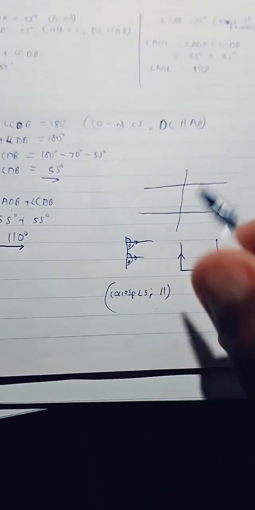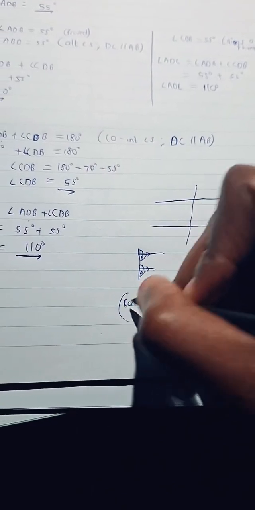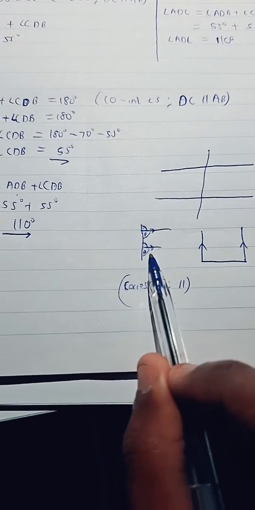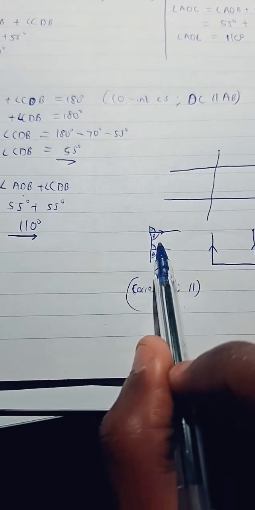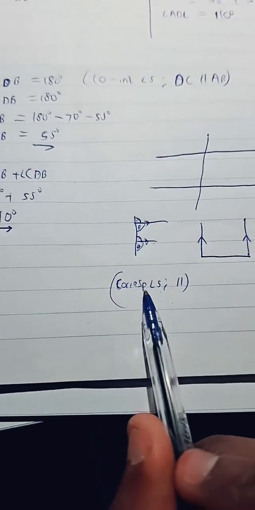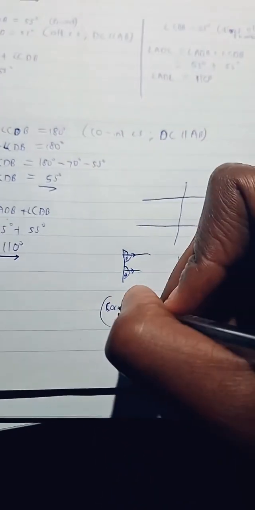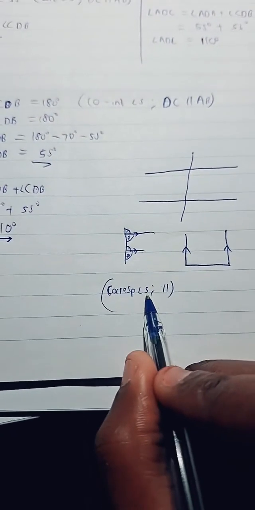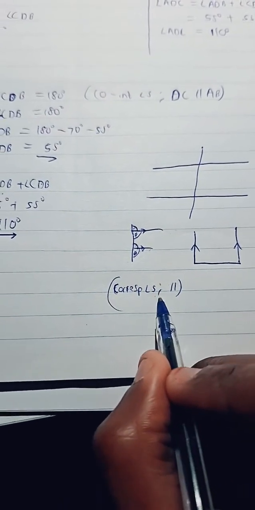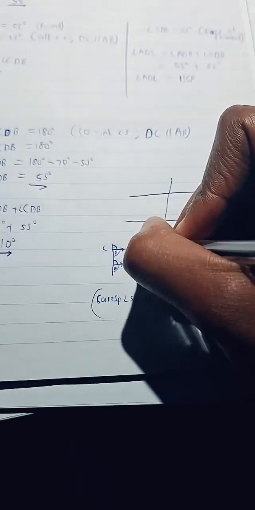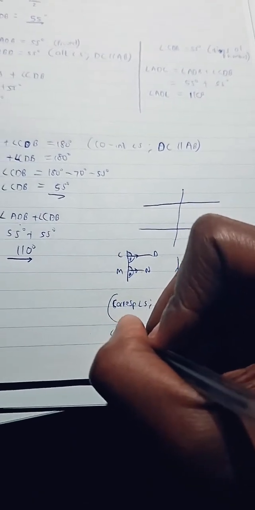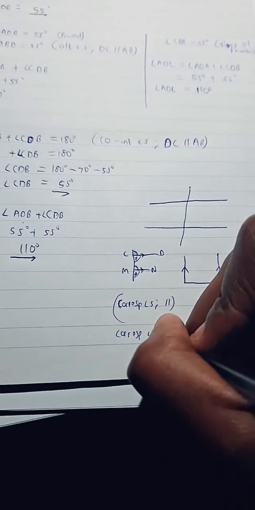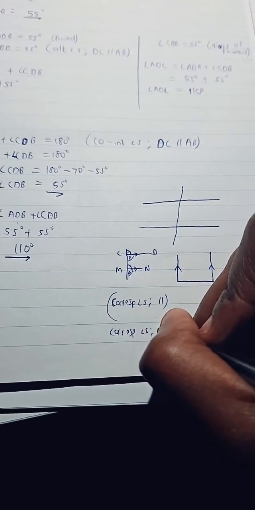So that is the F shape. And the acceptable reason that we always utilize whenever we have to use the F shape, bottom, the angles are equal, top, the angles are equal, is corresp for corresponding short, and then we write angles, then we put a semicolon. We always look for the lines that are parallel. So let's say if this was CD and this was MN, I would be very specific and say corresp angles, and then I would state my lines that are parallel.